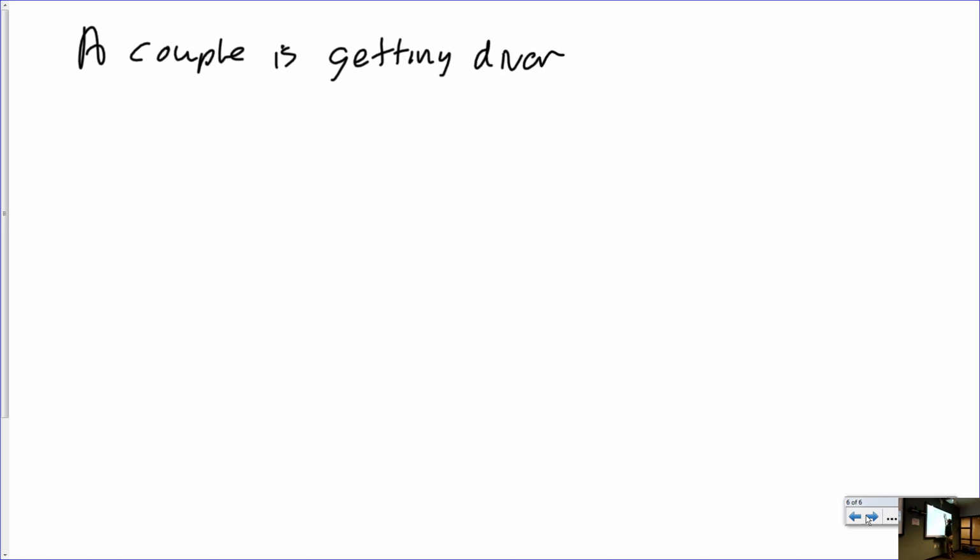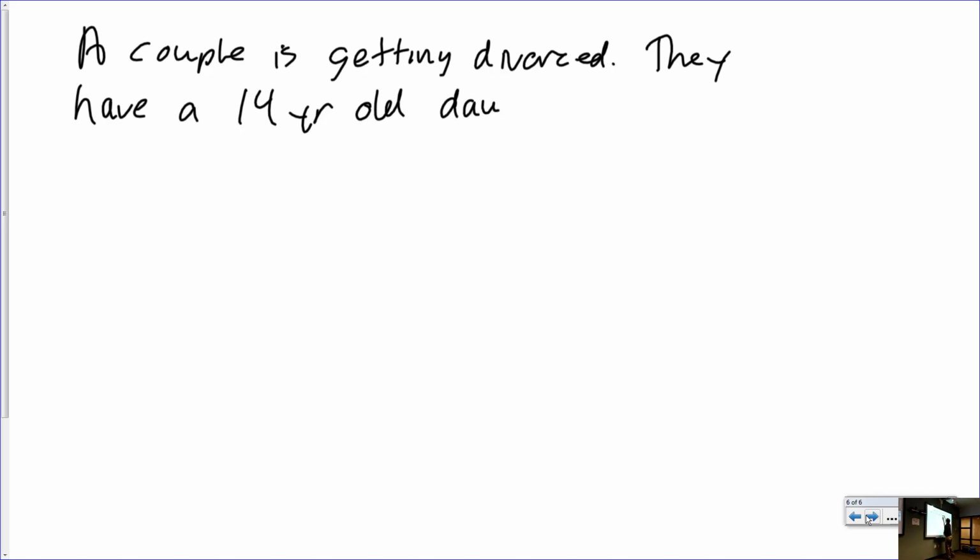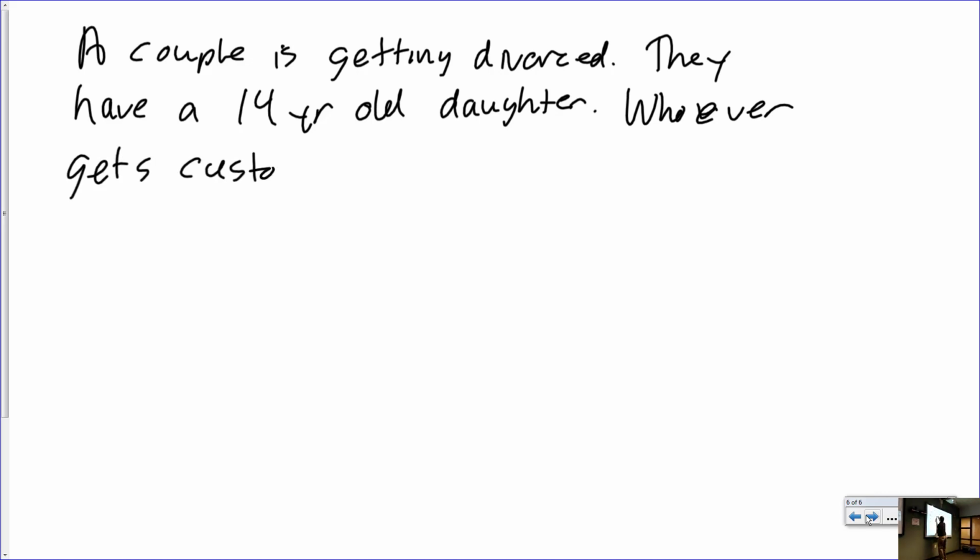So here's an example. Couple is getting divorced. They have a 14-year-old daughter. Whoever gets custody will receive... So how much is child support nowadays, folks?